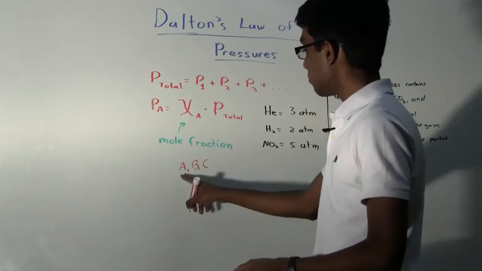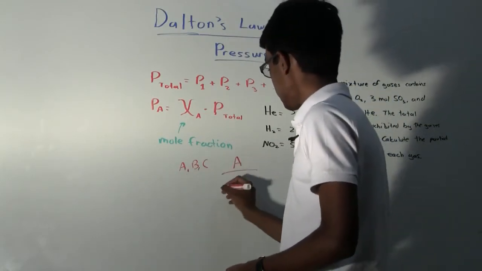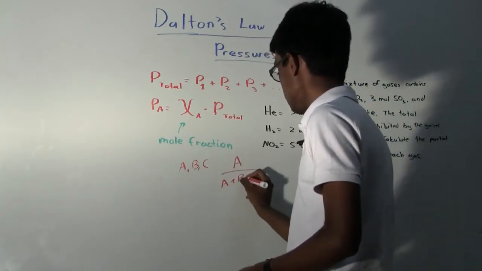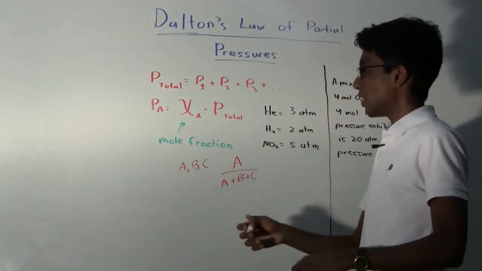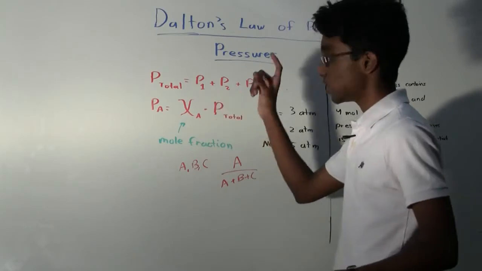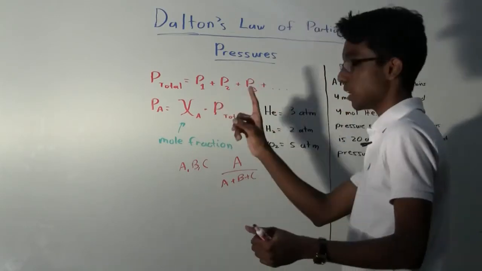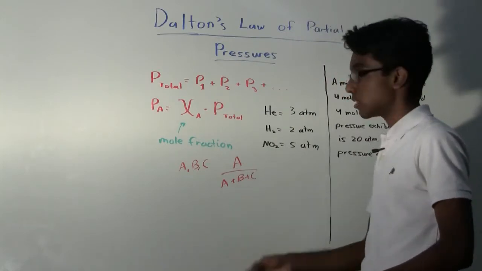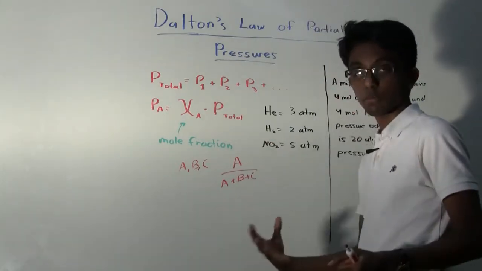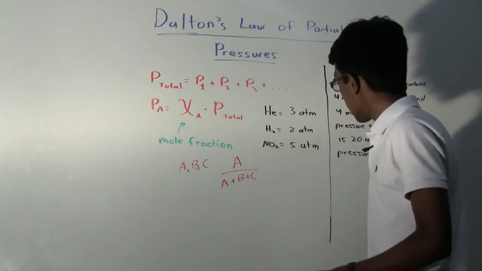So you're going to find the number of moles of A and divide it by the number of moles of A plus B plus C. So it's kind of like a percent. Okay? So to find the pressure of just the individual gas in the container, one gas, you take the mole fraction of that gas. Mole fraction looks like this, and you multiply it by the total pressure of all the gases in the container. Okay?